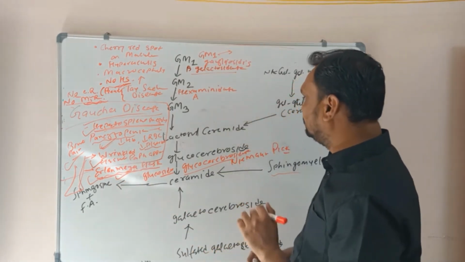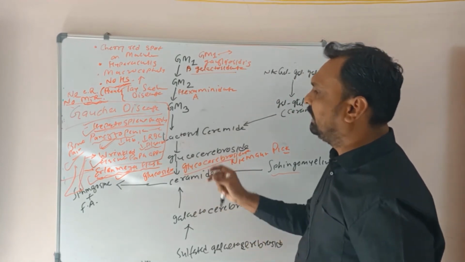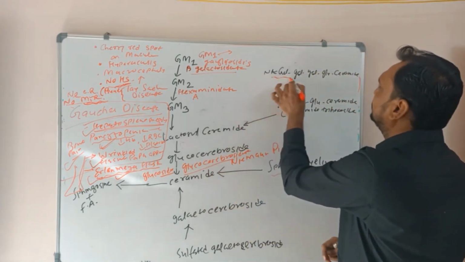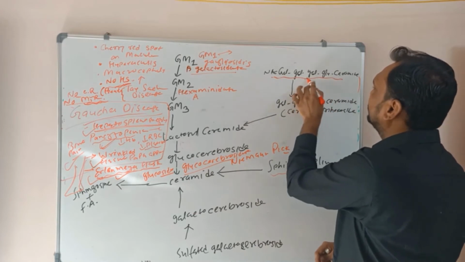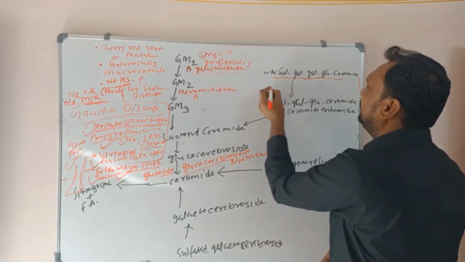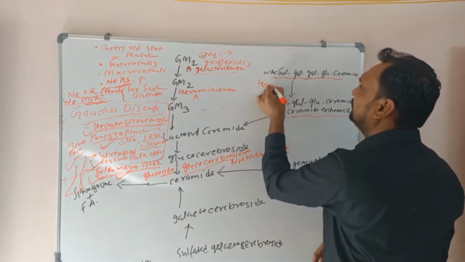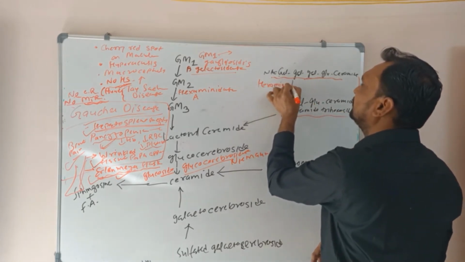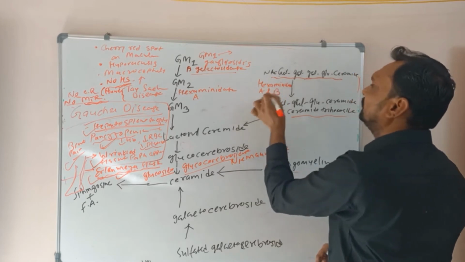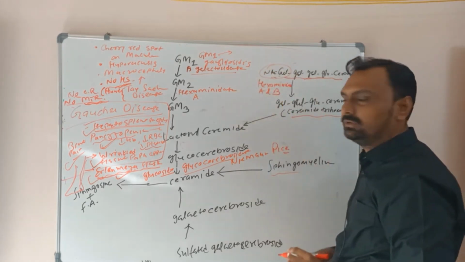Now coming to another very important enzyme. Here the fourth monosaccharide unit is bound to the ceramide. Conversion of this to ceramide trihexoside requires hexosaminidase A and B both, and they will remove this N-acetyl galactosamine.